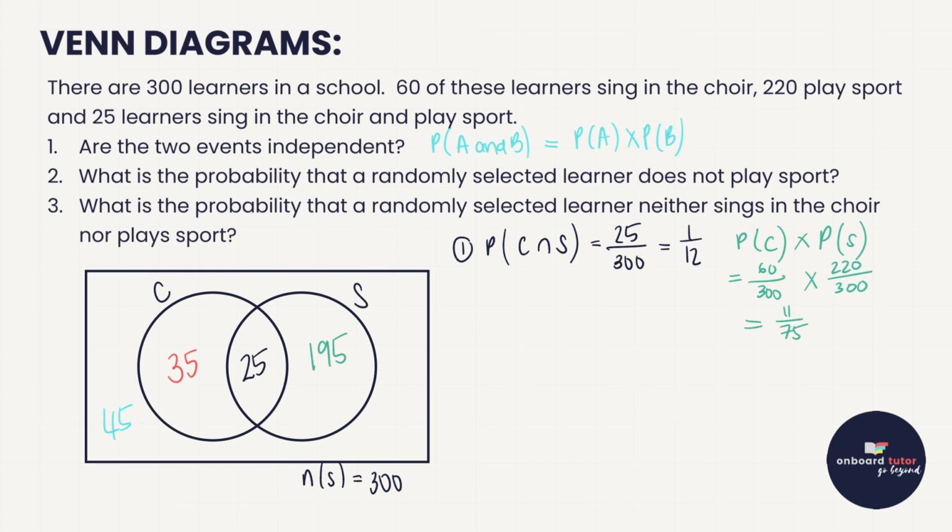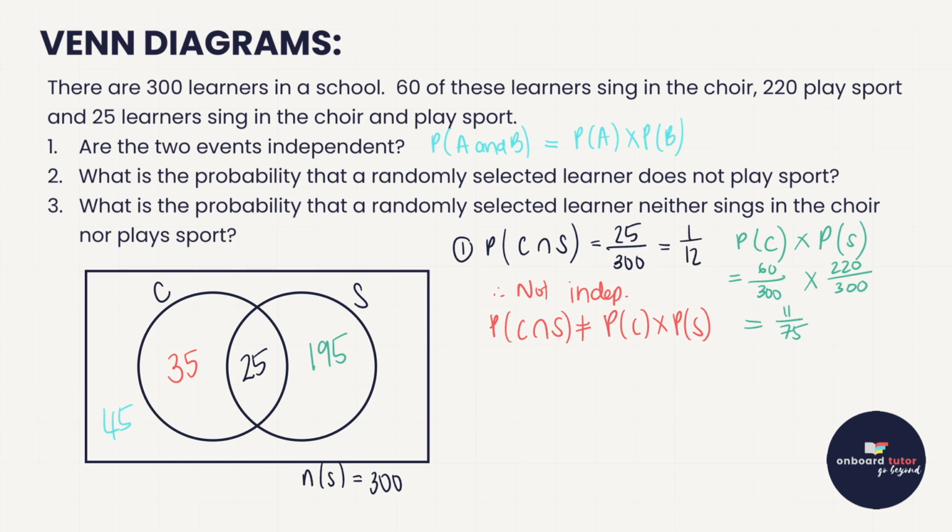And so now we can conclude these are not independent, because the probability of choir and sport does not equal the probability of choir multiplied by the probability of sport.